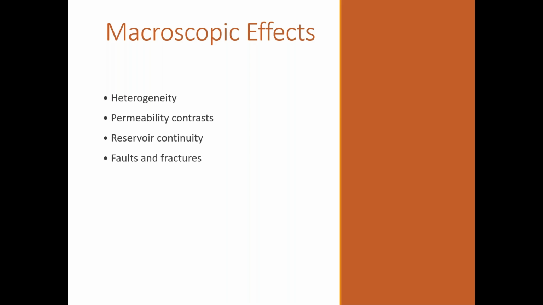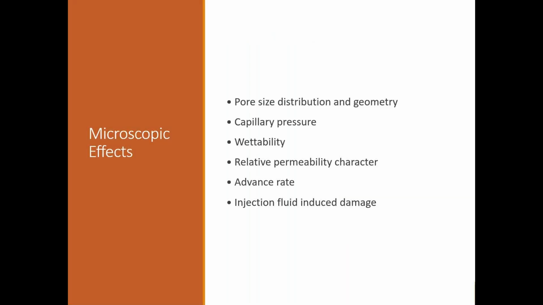So these are on a broader scale basically. If you go to the pore scale, that is dealt with by microscopic effects. Let me read out the microscopic effects, and then I will combine these two and tell you how they make a successful water flood.